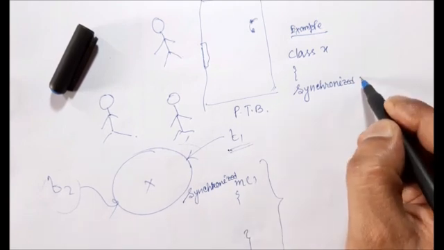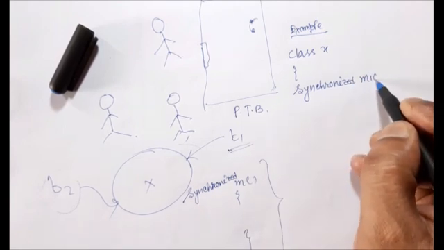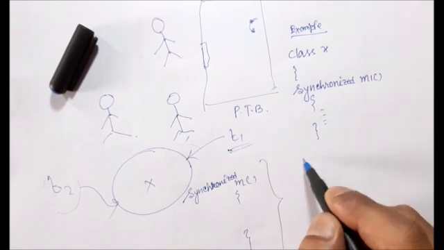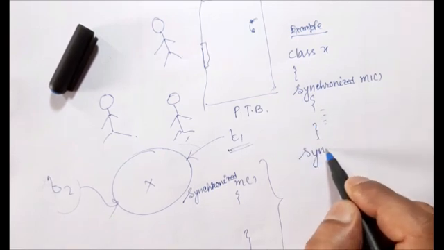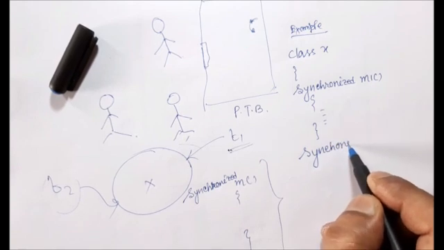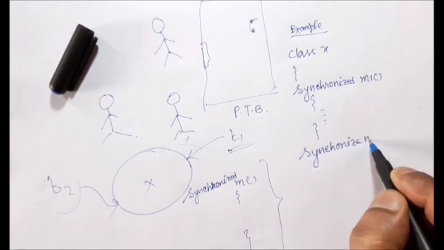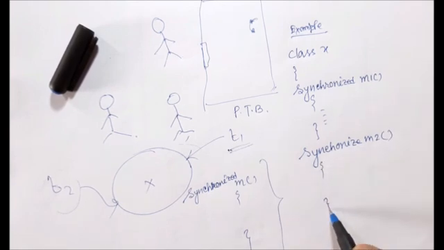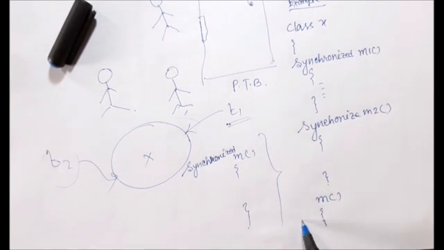For example, M1 is the name of this method, with a blank body here, and we have another method, suppose M2, and we have also another method. Then we close the class body.